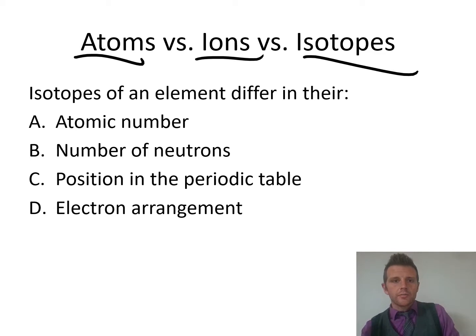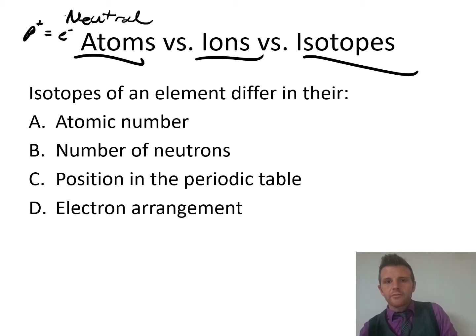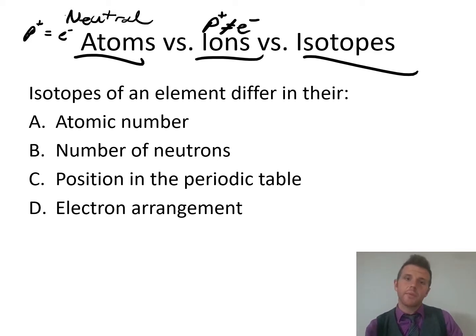Atoms are just neutral, meaning protons equals electrons. Ions, all that's implying is that protons do not equal electrons. These could be anions or cations. Remember, anions are negative, so they have more electrons. Cations are positive, so they have more protons.